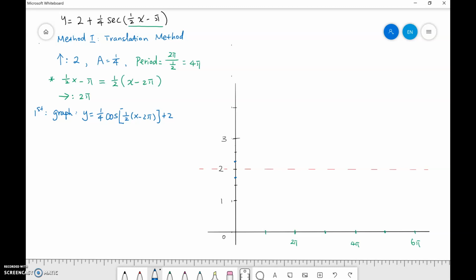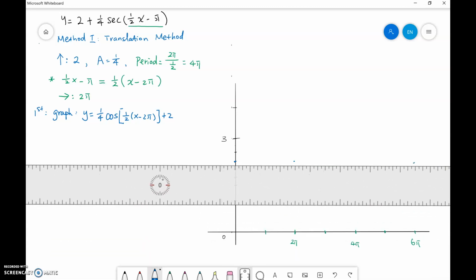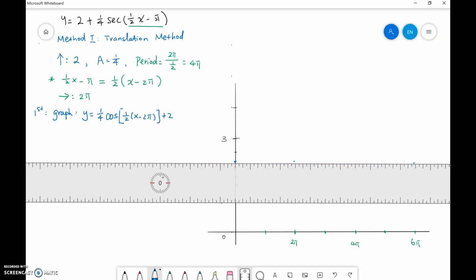And then it's a cosine graph, so it starts from here. The low will be here, and then it's going to be approximately here. Actually, I have the ruler, I can measure it.